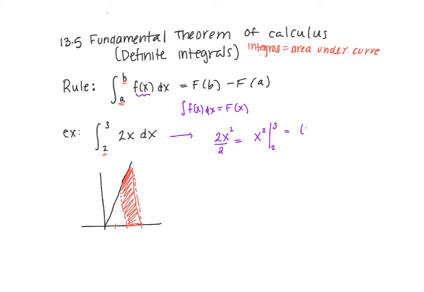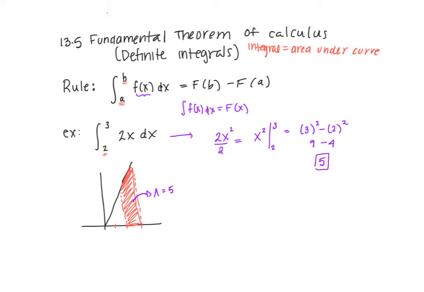So I'm going to do 3 squared minus 2 squared, which is 9 minus 4, which equals 5. So the integral from 2 to 3 of 2x is 5. And so that means this area is 5 right here.